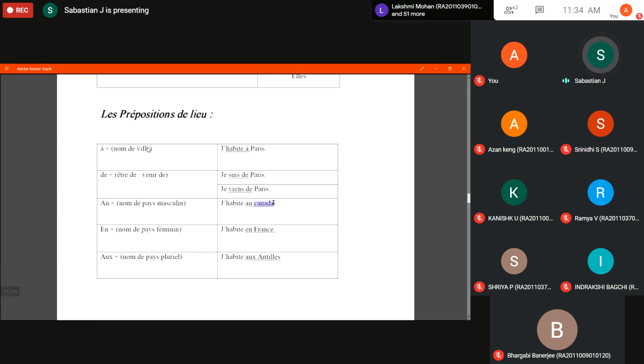Masculine countries normally end with a consonant. Feminine countries normally end with e. So au normally refers to a masculine country. You want to say, I stay in Japan. J'habite au Japon. So that is what is used.